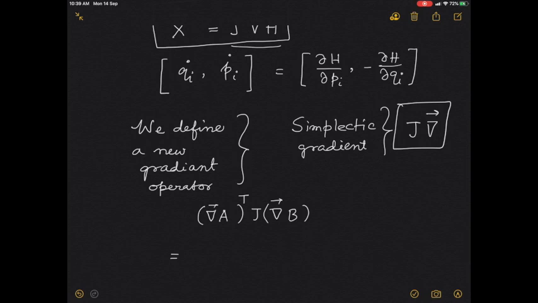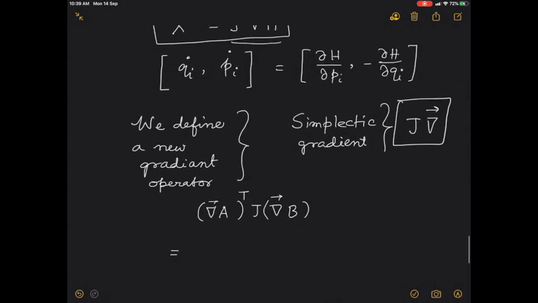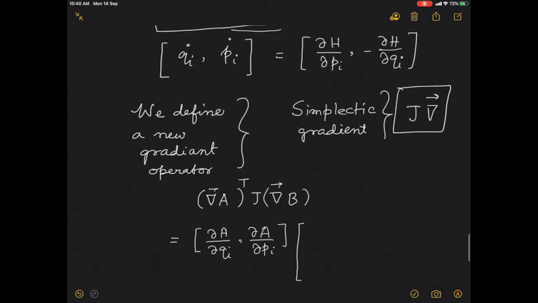What will be the symplectic gradient of A and the transpose of that? The symplectic gradient of A will be just this with H replaced by A. If I take a transpose, it becomes a row vector. So this is del A del Qi, del A del Pi. And J times this we have already calculated here. So I have to replace H by B. So this is del B del Pi, minus del B del Qi.